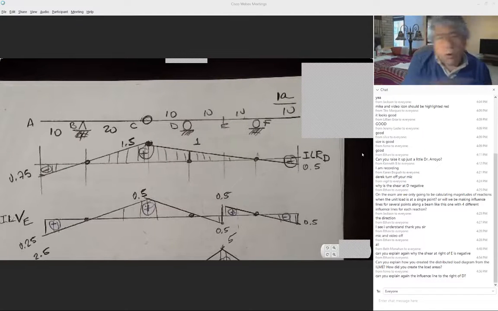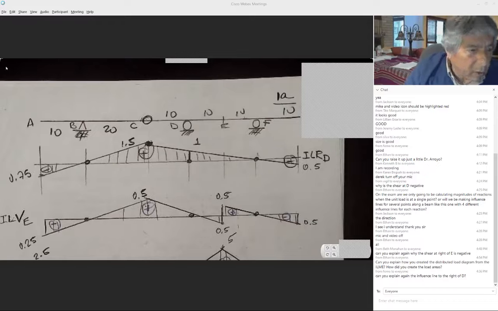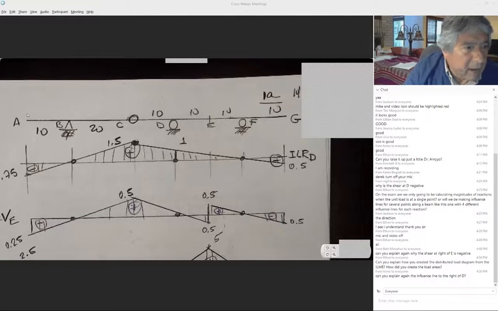The dead load is all over. So whenever I look at this influence line and they want me to produce the maximum positive reaction at D, I put my dead load all over. My dead load will go in this beam here on the top. That's the 25. But for the maximum positive, the live load only goes from this point to that point.